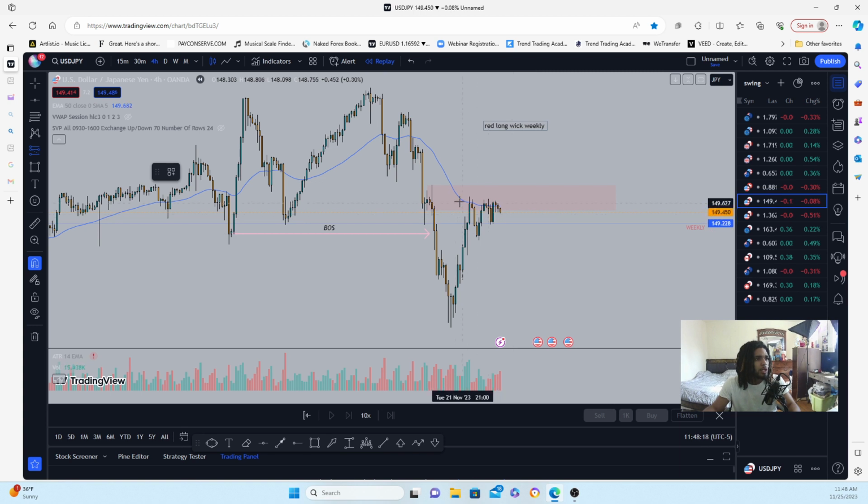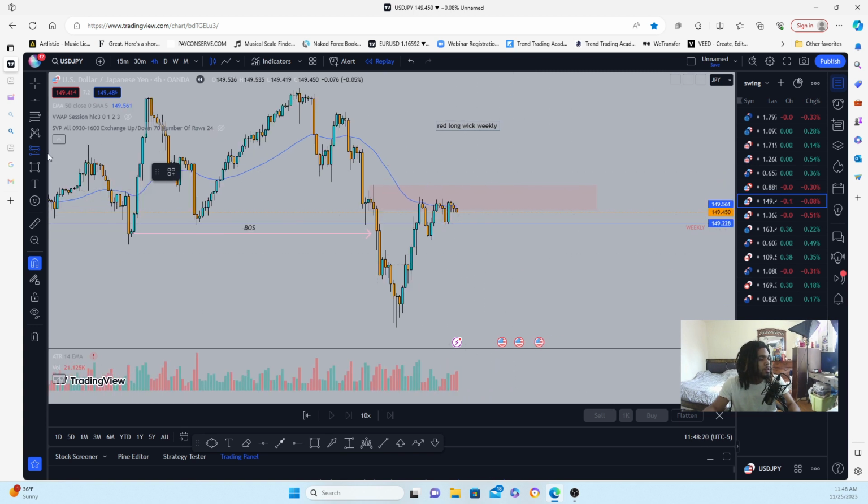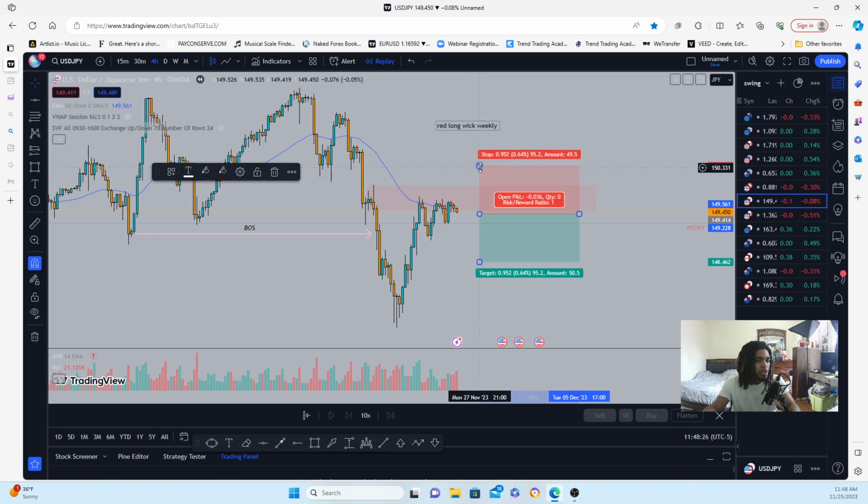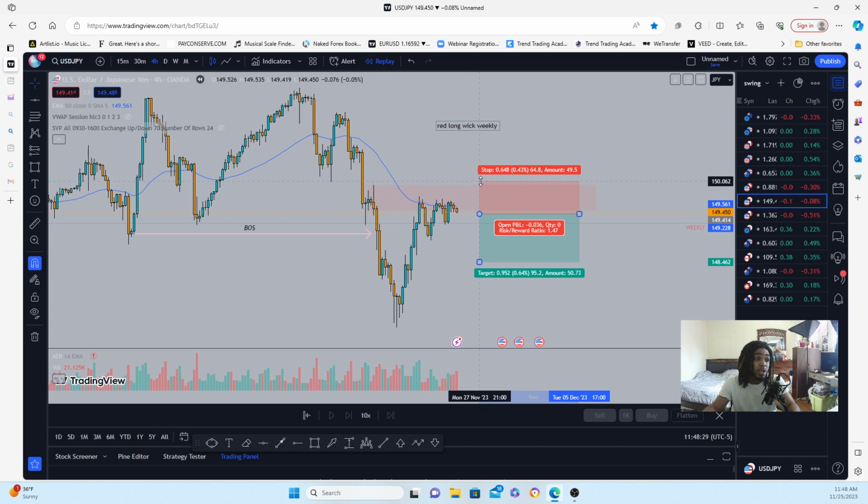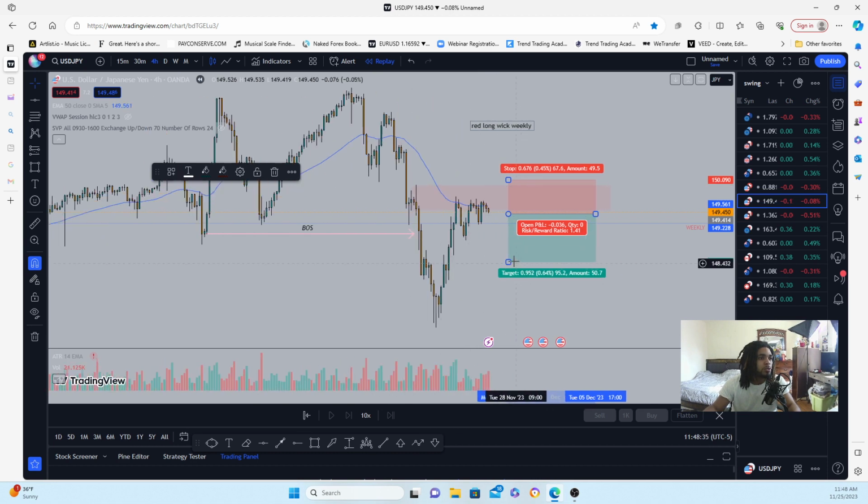All right, so boom, got this order block set right here. Basically what I would do is put the point of entry a little bit below that order block, and the stop loss a little bit above. What we like to go for is 1 to 2s.